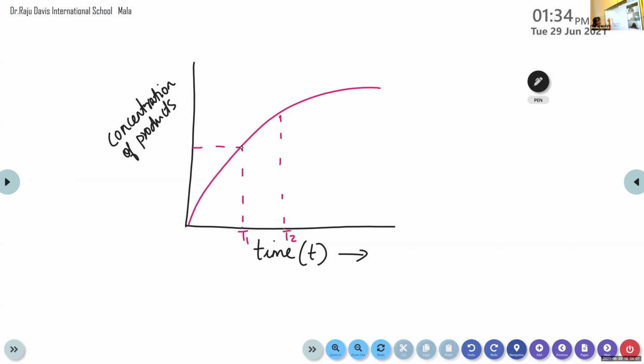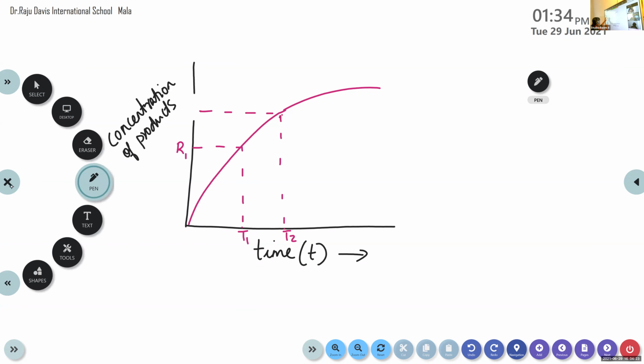Similarly, we can mark here R1, then R2.